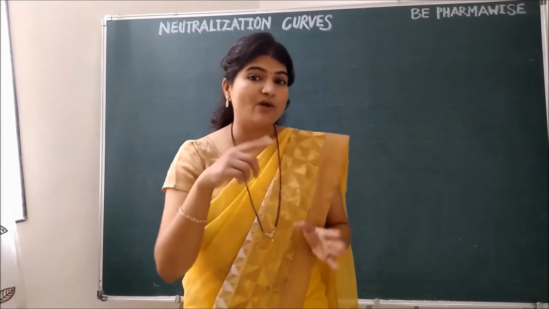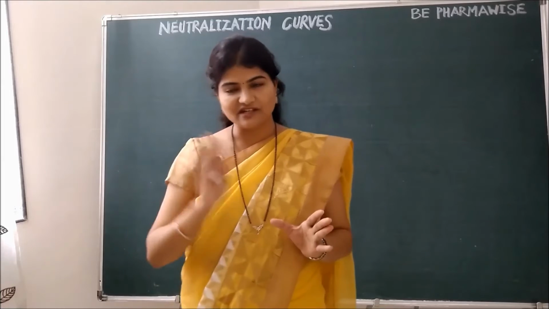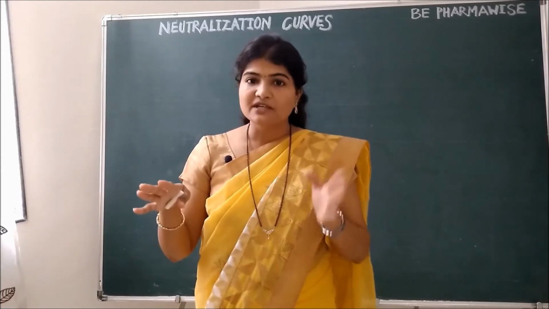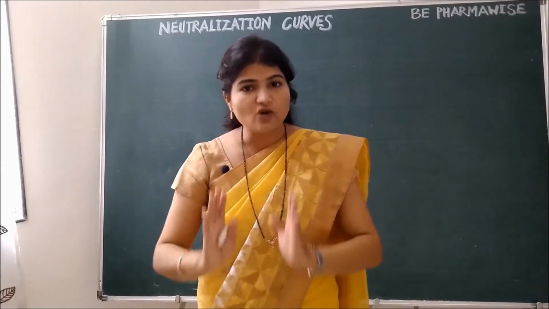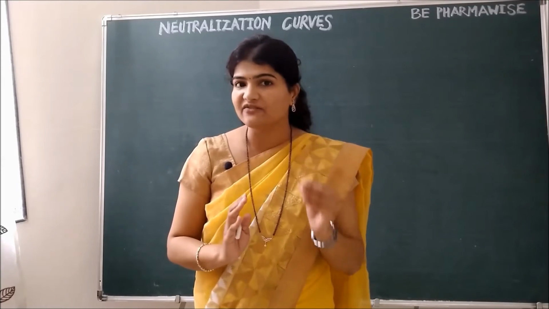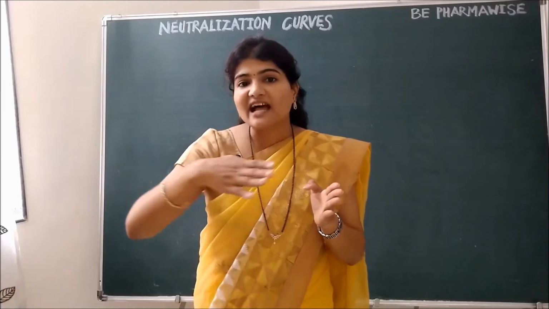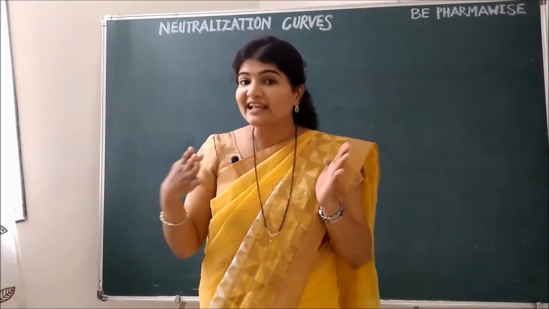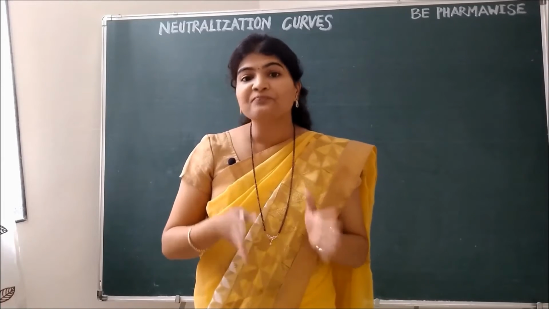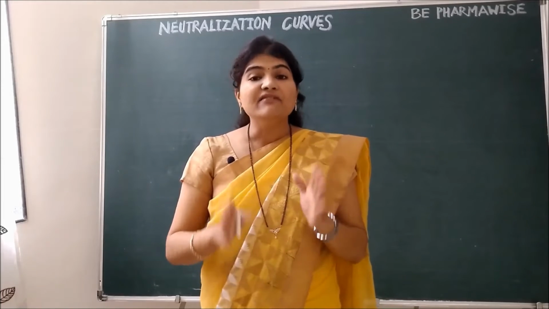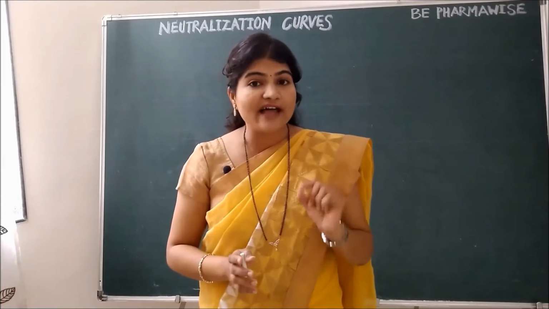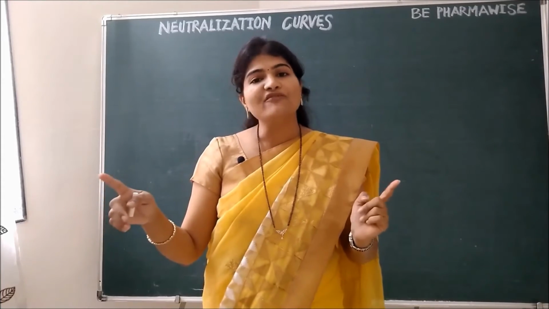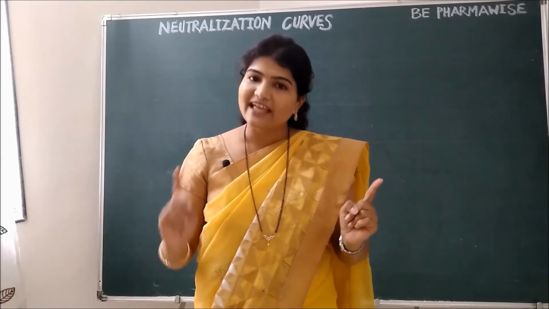Now we are coming to what is neutralization curve. Whatever course of titration we are following, we are taking titrate in the conical flask, and we are adding titrant from the burette. Whenever we start adding titrant from the burette, what are the changes of pH that are taking place in the solution? That we will record, and we will plot the pH values on the y-axis against the volume of titrant added on the x-axis.